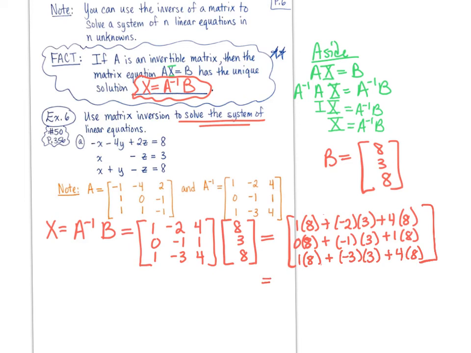So we end up with what? 8 minus 6 plus 32? 34. Good. Then we have 0 minus 3 plus 8. Good. And then we have 8 minus 9 plus 32. 31. Good.